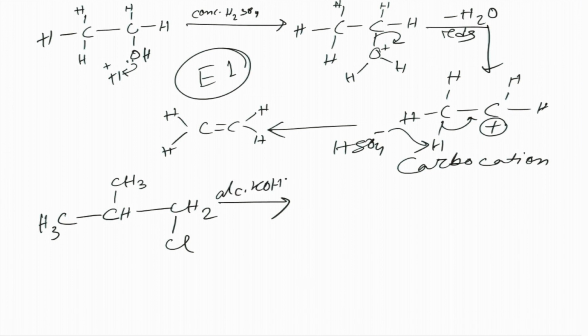In this case, it is quite simple because there is one hydrogen and there is chlorine. So, HCl will be liberated and this is the alkene formed.